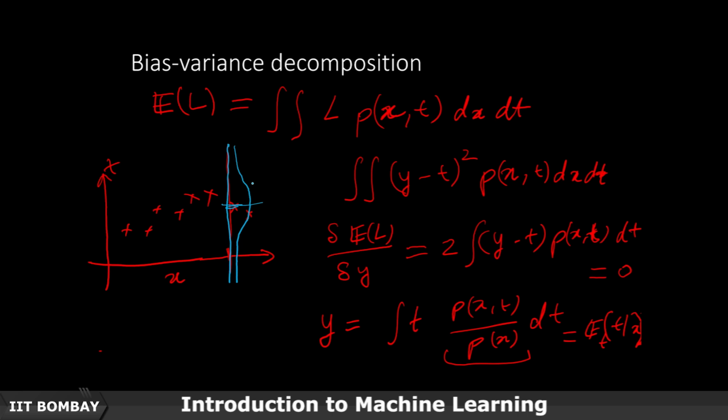Now, even if there is a distribution of t, if we take the mean value or the expected value of t given x, that is the best possible estimate for the estimator to hit. Y should come as close to this expected value of t given x as possible.